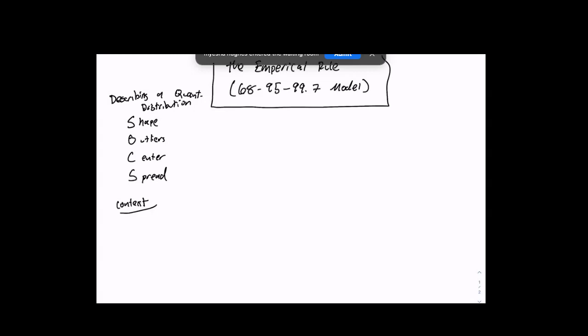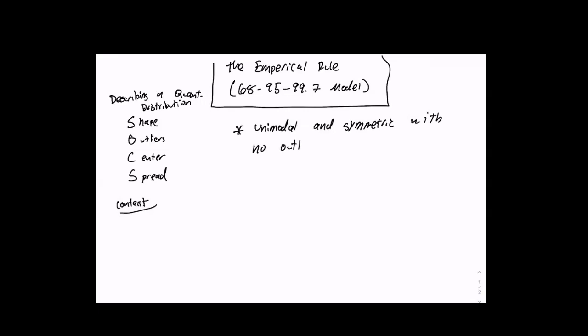Now we're going to study today a very specific type of distribution: unimodal and symmetric with no outliers are a very special distribution within this classification.